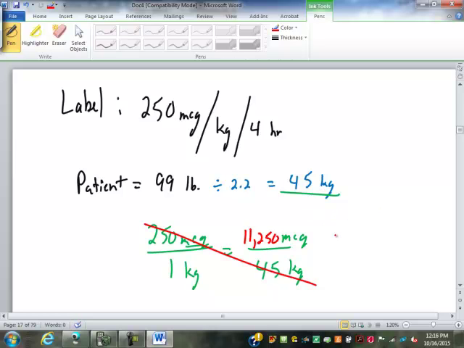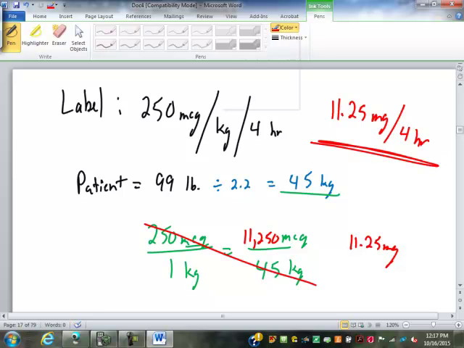Divided by 1 is 11,250. Now that's micrograms. Milligrams, we're just going to move it over 3 spots. From micrograms to milligrams, you divide by 1,000. Remove the decimal point 3 spots. So that would be 11,250 micrograms, 11.25 milligrams for 4 hours.